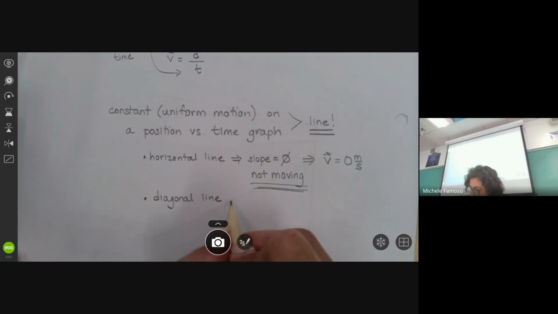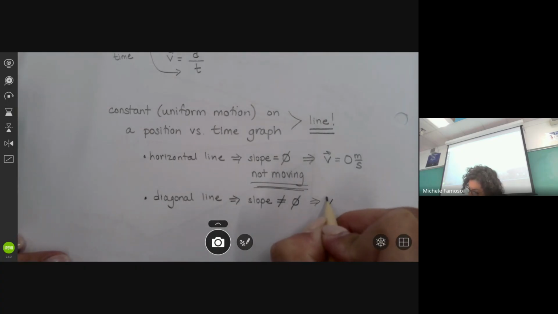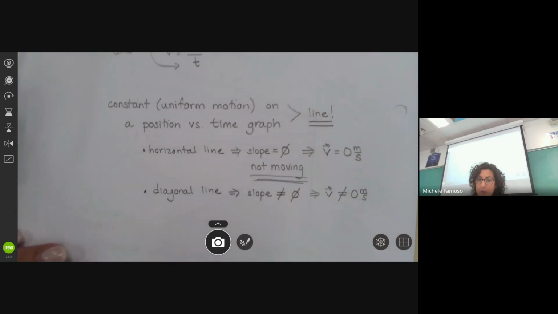If you have a diagonal line, that means your slope does not equal 0. So your velocity is not 0.